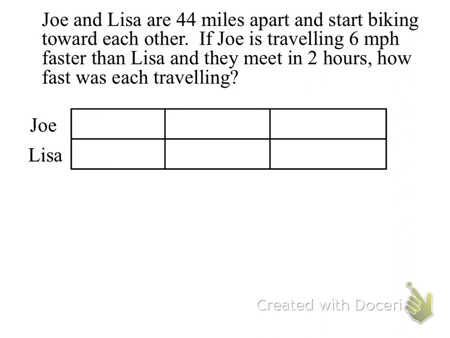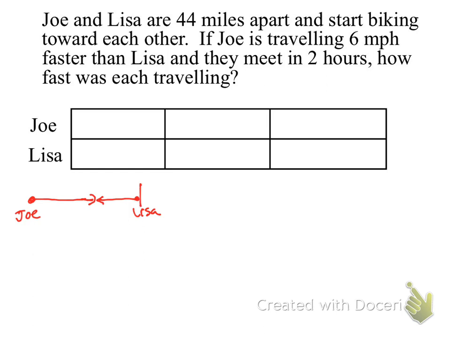Okay, what can we fill in right away? You can fill in the time. They're 2 hours. They're both traveling. So I can draw the pictures. Joe and Lisa are 44 miles apart. Here's Joe. Here's Lisa. Let's draw what's happening. And Joe's traveling faster, so I'm making him go longer.